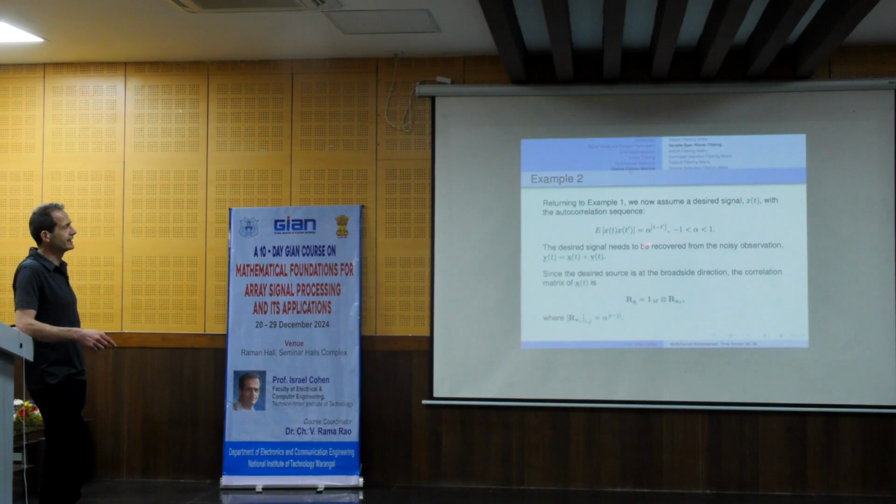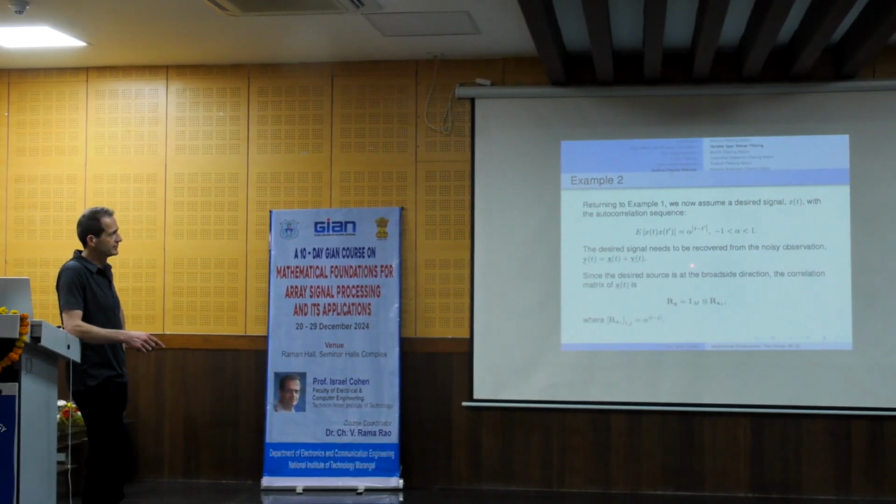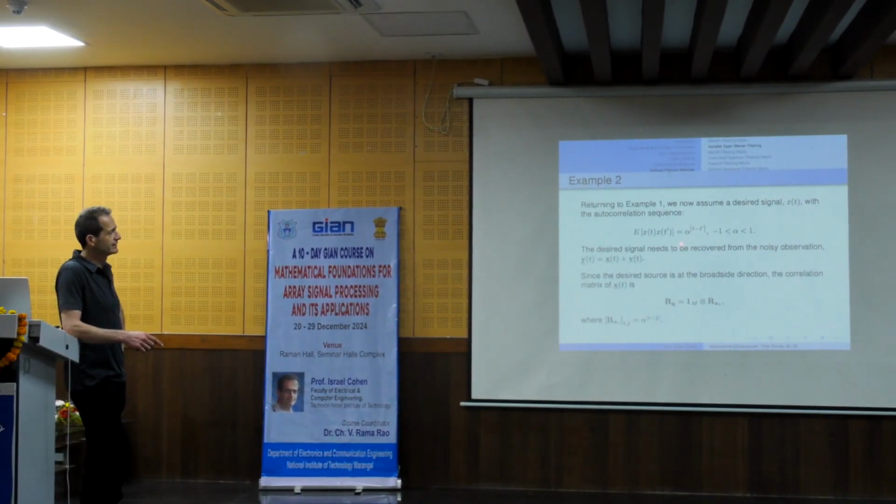We have a signal that we don't know the properties of, but we know the correlation between any two samples in this signal. The correlation between two samples decays by their distance. The more distant they are, the correlation decreases.